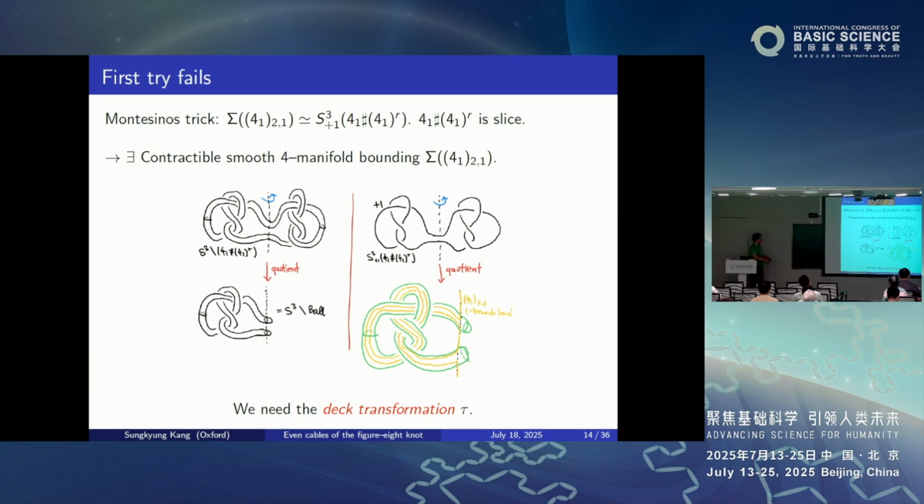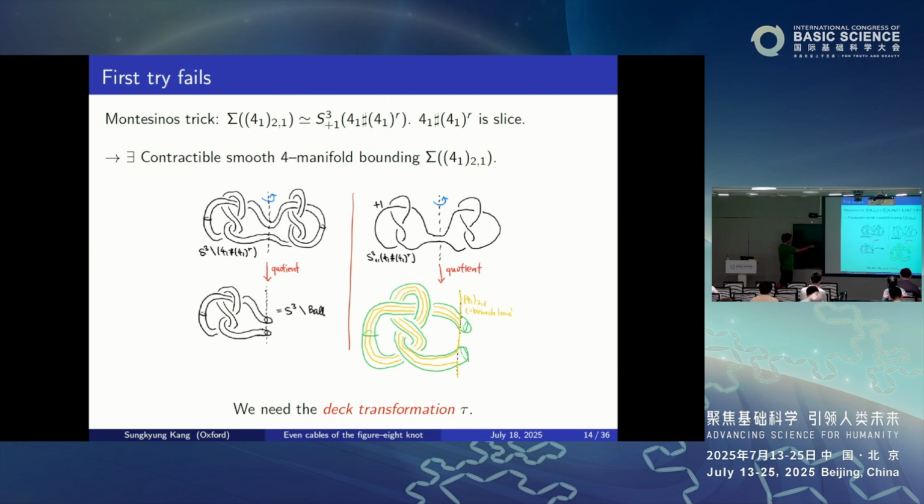It's not just for figure 8. If you have a knot, any knot, not just figure 8, you take a 2-1 cable and you take the branched double cover. It is diffeomorphic to the +1 surgery along K connected sum K reverse. K reverse means that you take the knot with the orientation reversed. This is explicitly what's happening.